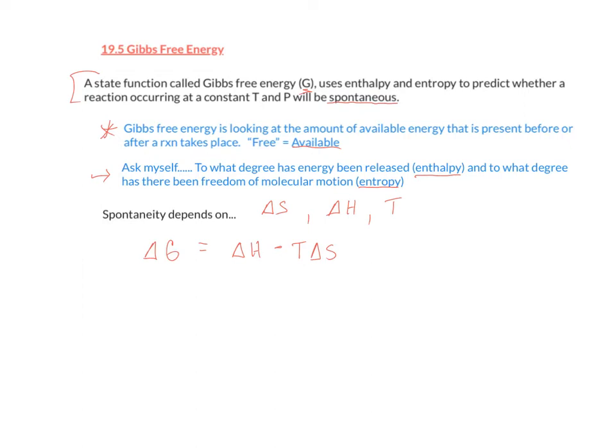Now, a few things to look at. Let's say we look at how delta H and delta S change, or even temperature changes, if you were to change the temperature, how that affects G. This is really mathematical, but it's still good to see. So as delta H decreases, then delta G will decrease.